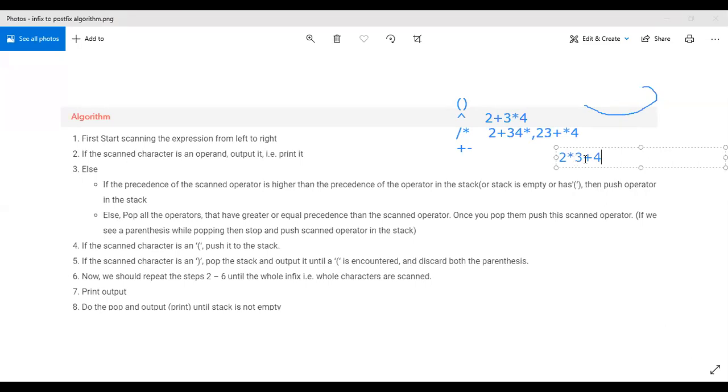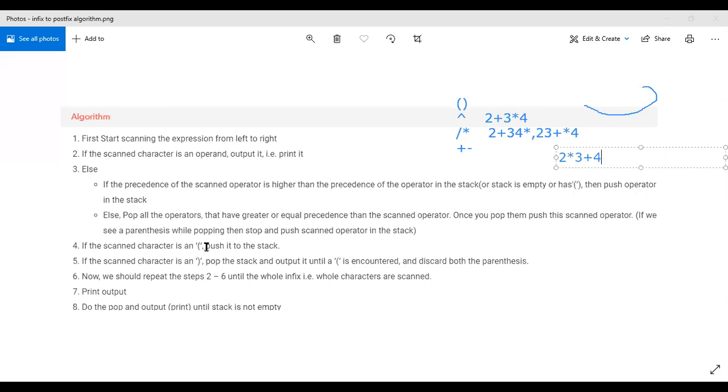But the operator plus has less preference than the operator star. So I will pop all the operators from the stack, print them, and push plus onto the stack. In the next slide, I will show you some examples so that you can understand. No problem.